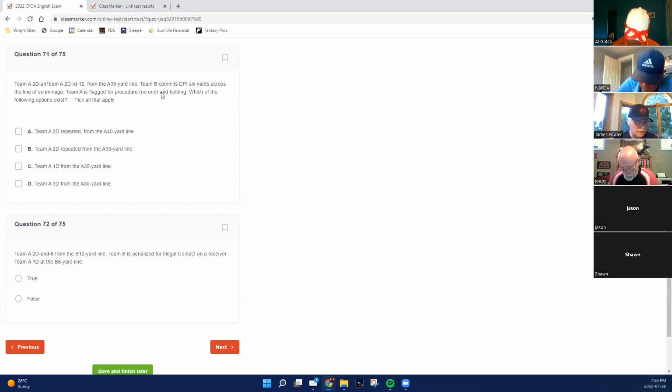Yes. C, Team A, 1st down from the A 35-yard line. Would that be correct? No, because you only get an automatic 1st down on a PI if it's not in a dual foul situation, correct? Yes. D, Team A, 3rd down from the A 35-yard line.